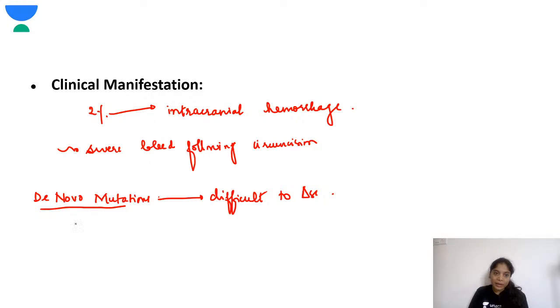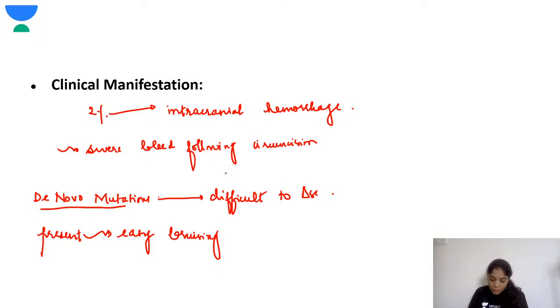So how do these children present? In children, when is the first presentation? One, I said there could be intracranial hemorrhage in 2% of the children. So when will you see that these can present? Especially when these children try to walk with support, when they start moving, there could be easy bruising.